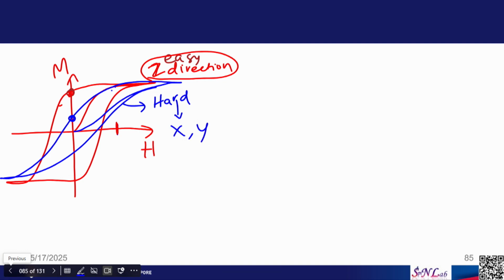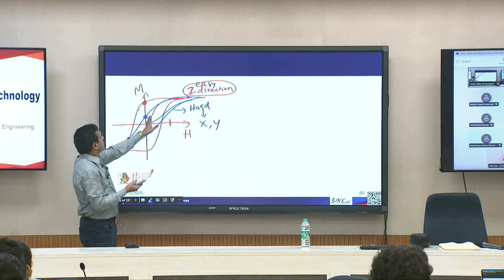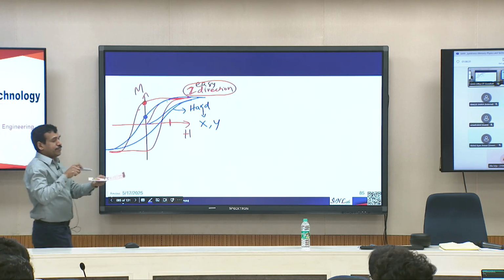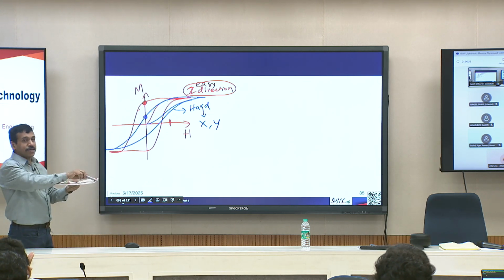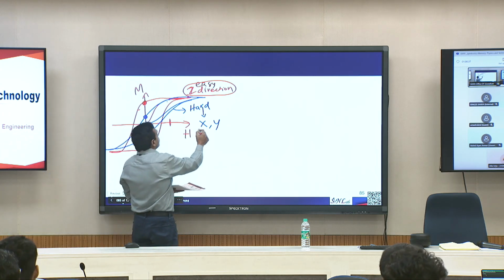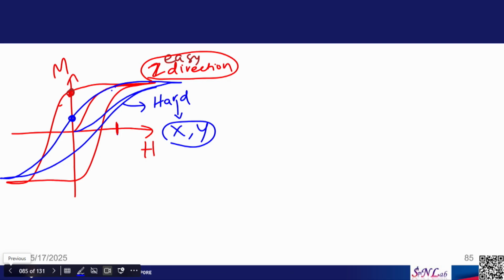So, remember when I apply magnetic field in the z direction, I can easily saturate, I can retain lot of magnetization. On the other hand, if I apply magnetic field in the x direction or y direction, I need more magnetic field and I cannot retain much of the magnetization. Okay. So, now we can say the perpendicular direction is the easy direction and the plane directions are the hard directions. Okay.